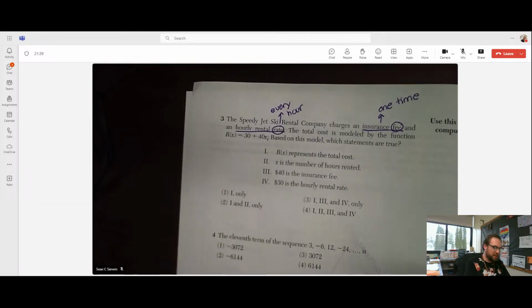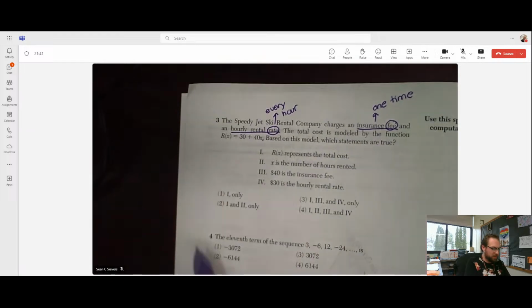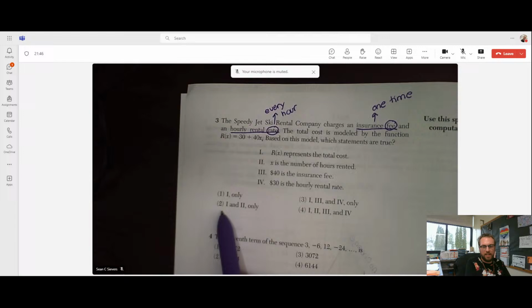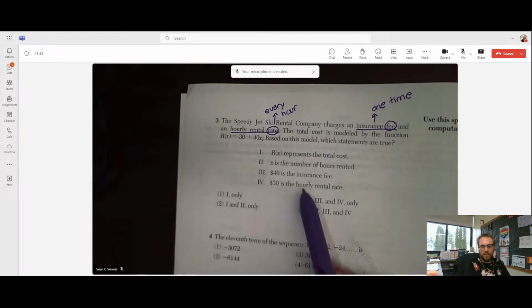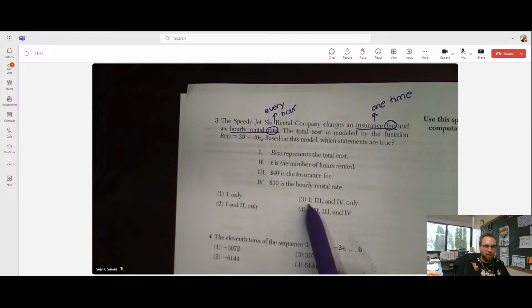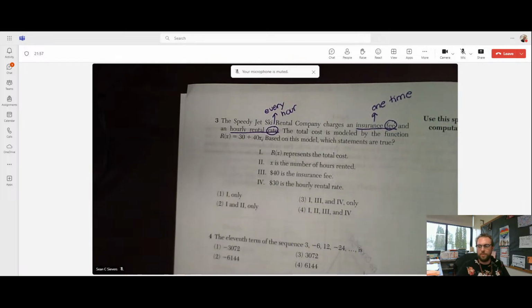So we're trying to figure out which of these statements are true. Number 1 says only the first one is true. Number 2 says both of them are true. Number 3 says 1, 3, and 4 are true. And then 4 says all of them are true. So what do we think?